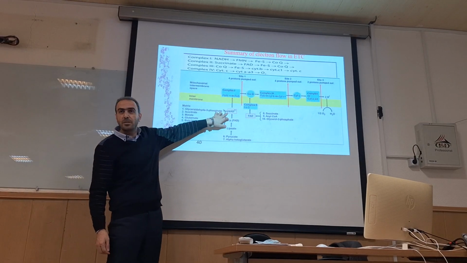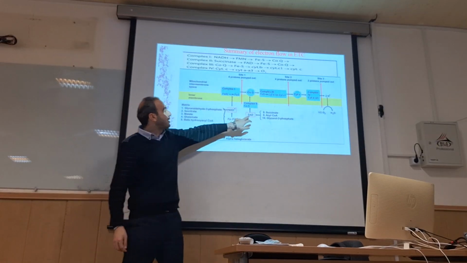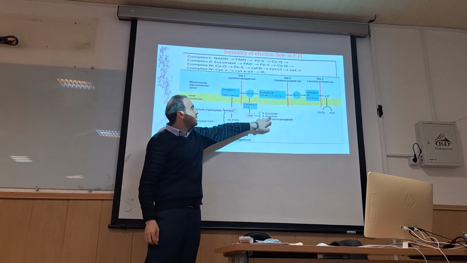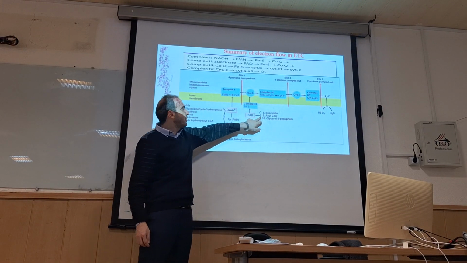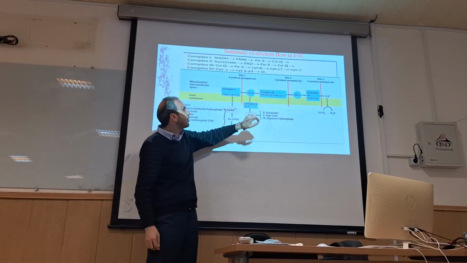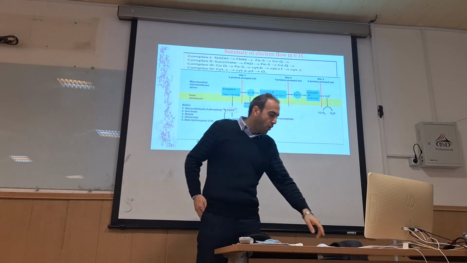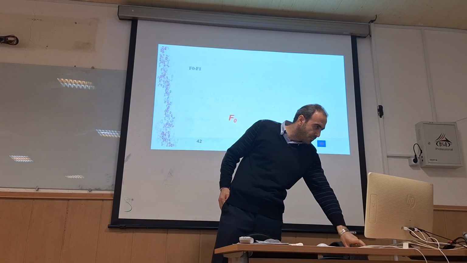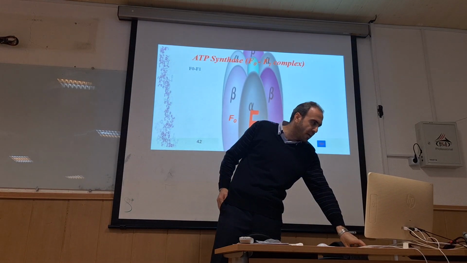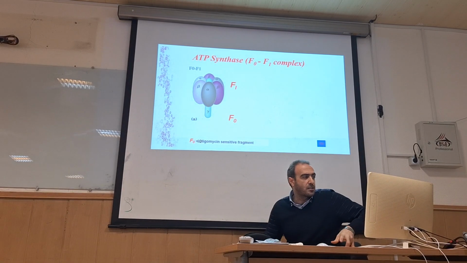All of them produce NADH, and NADH gives electrons here. But succinate dehydrogenase, acyl-CoA dehydrogenase, glycerol phosphate dehydrogenase give electrons to FAD, and FAD gives them to complex number 2.